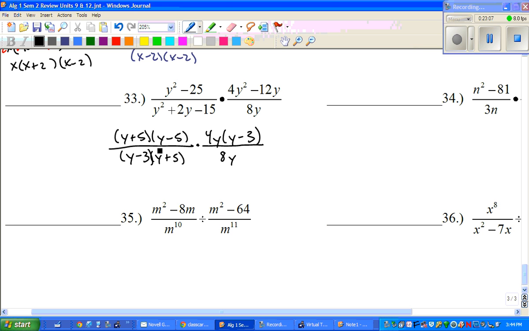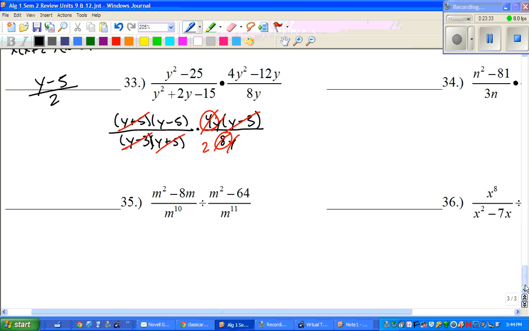Okay? So, y plus 5, y plus 5. Y minus 3, y minus 3. Y and y. 4 and 8, the 4 cancels out. The 8 turns into a 2. And so we get y minus 5 over 2. Okay? You have to be very careful when you're doing this. Okay?